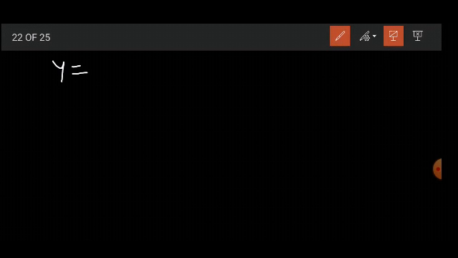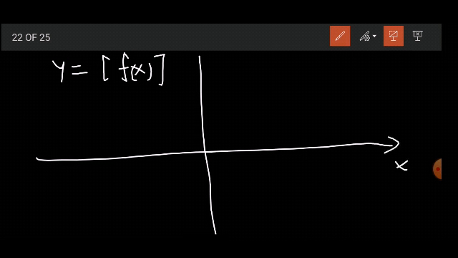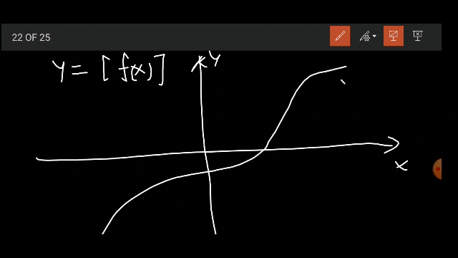For y = [f(x)], let me note down the function y = f(x) first. Let this be the x-axis, and here the y-axis, and here is y = f(x).